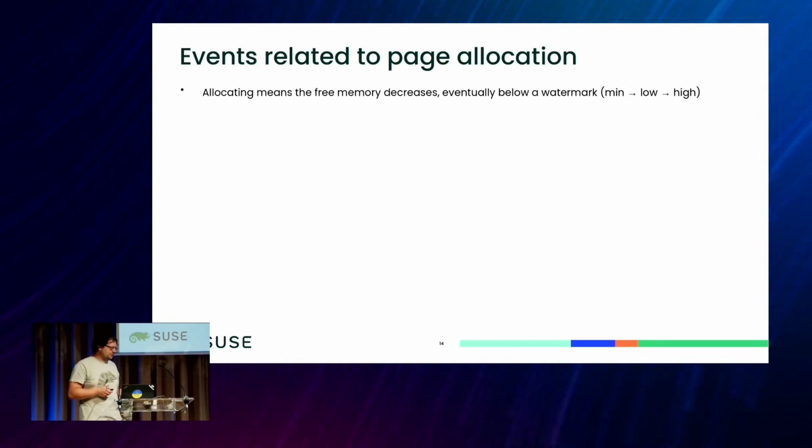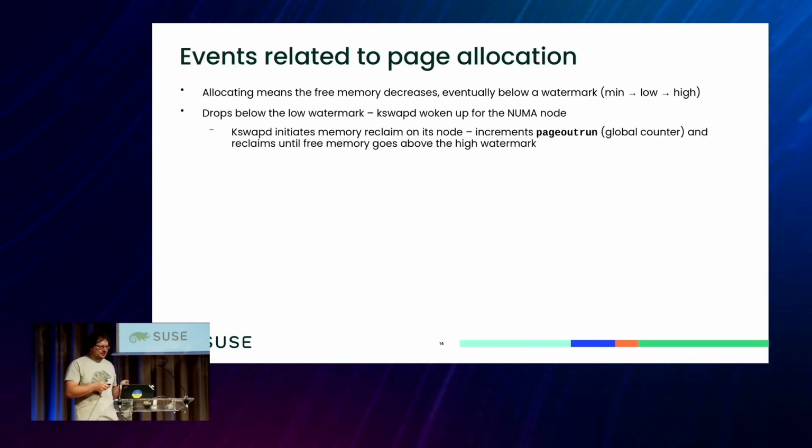So the page allocation might succeed, but eventually the free pages are depleted. And as Lorenzo explained, we have these watermarks that go from lower to higher, called min, low, high. And if we drop below the low watermark, we can still continue the allocation, but we also wake up kswapd to reclaim memory on the given node.